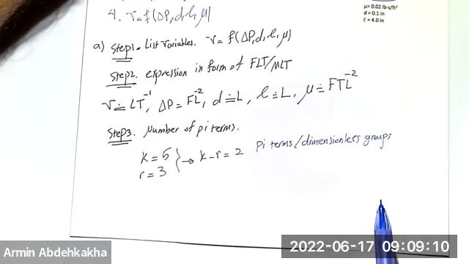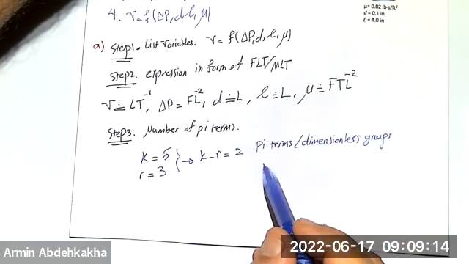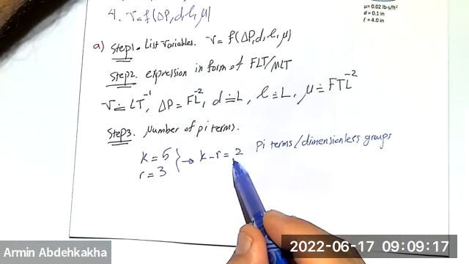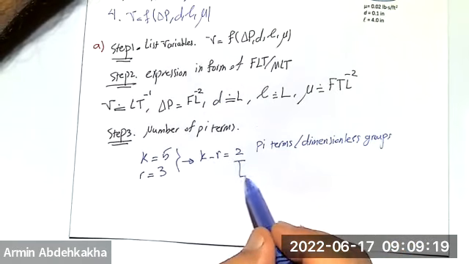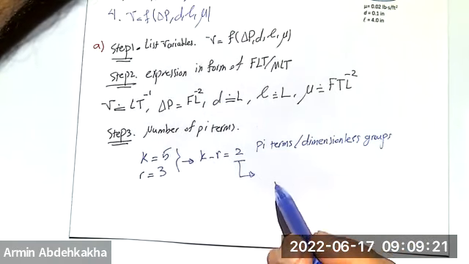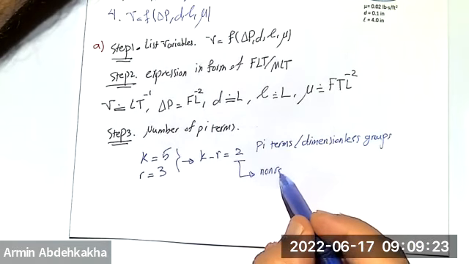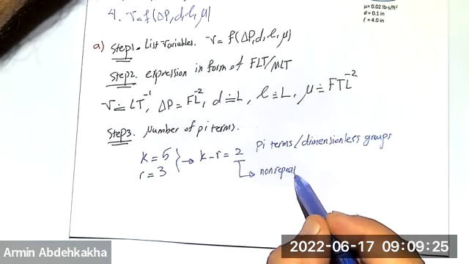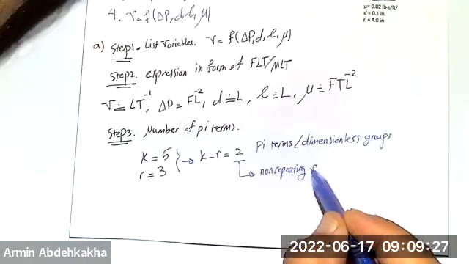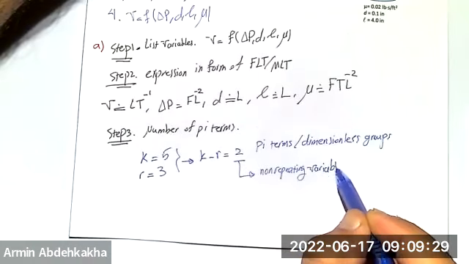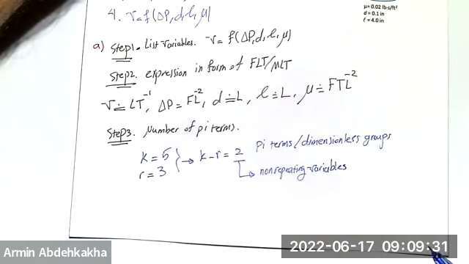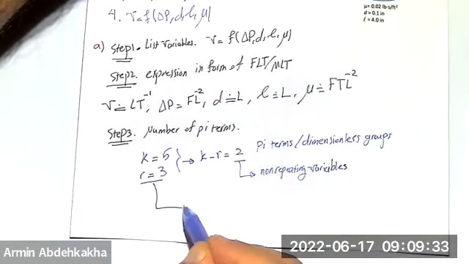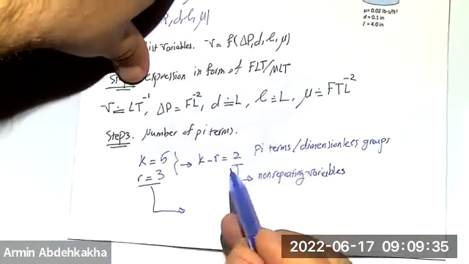And what else do you know? You know that when you have two as K minus R at the same time, you have two non-repeating variables and an odd number of repeating variables.